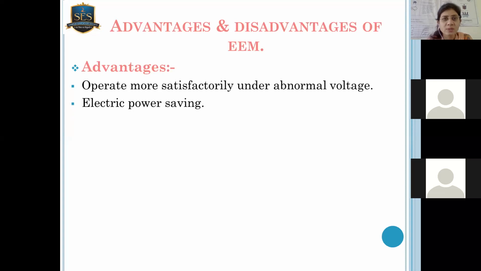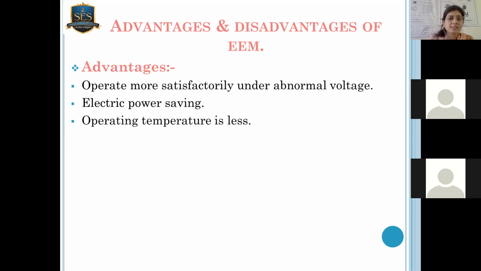Therefore losses generated in that motor are less. As well as, we discussed that the windage and friction losses are less. So if these losses are reduced in aggregate, then obviously we will get maximum output and energy will be saved.